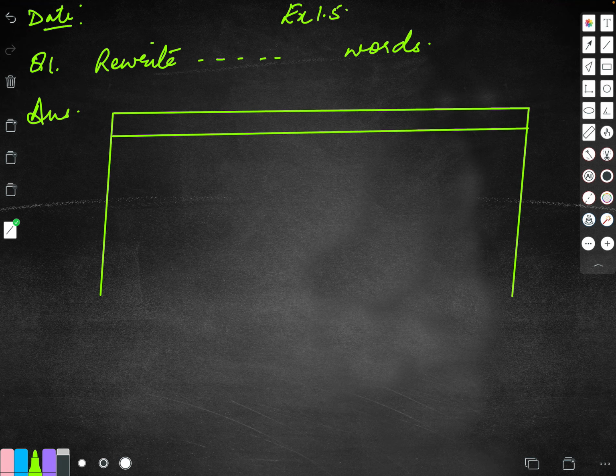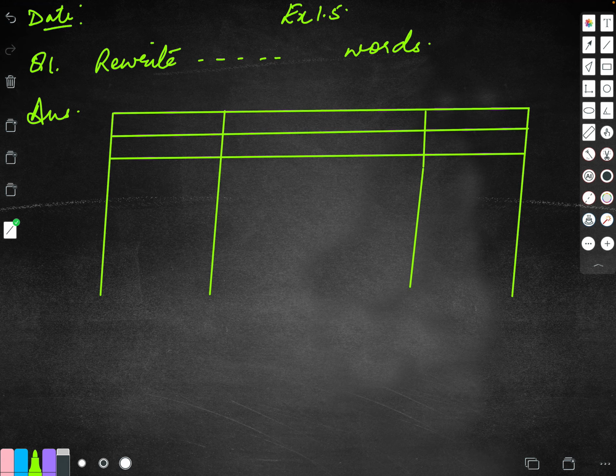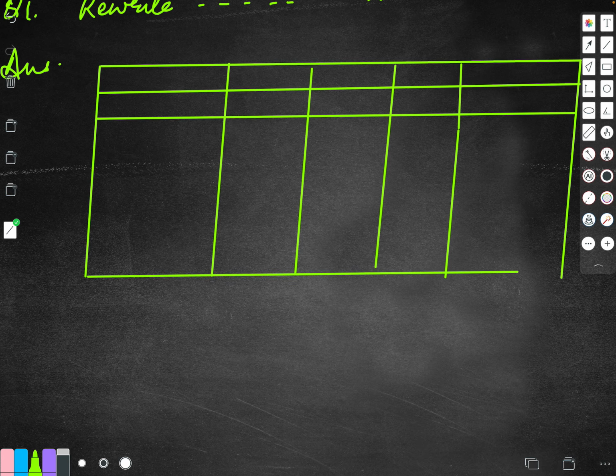Right? And I will write all my 4 numbers over here only. Got it? Indian place value chart. Remember, 3, 2, 2 and 2. Correct? So here, children, I will write my numbers.